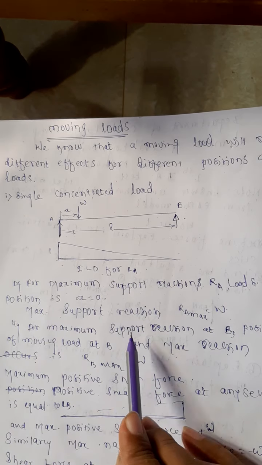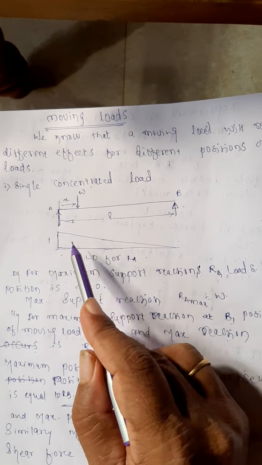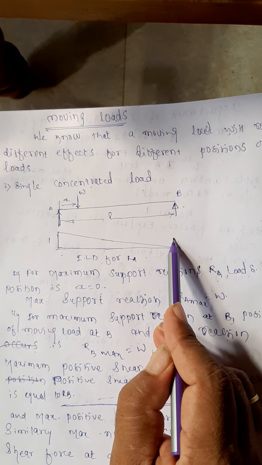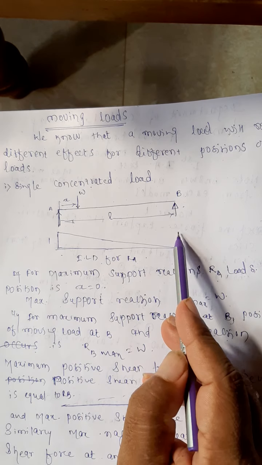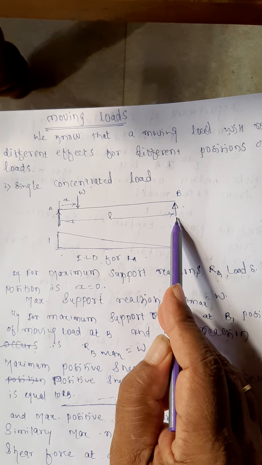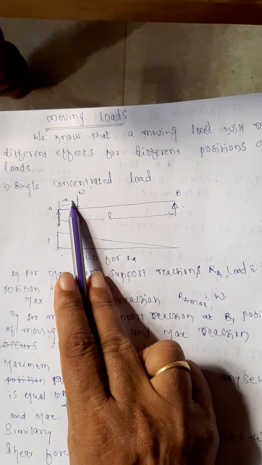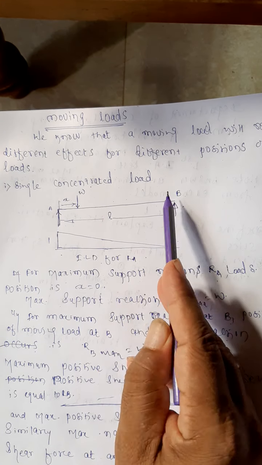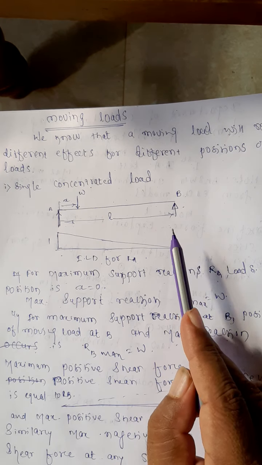Similarly, for the maximum support reaction at B, you know the influence line diagram for RB is something like this, which clearly says that when the unit load is at this location, the maximum reaction occurs at the point A, and when the load is moving, when the load is over B, the maximum support reaction occurs at B. Is it alright?